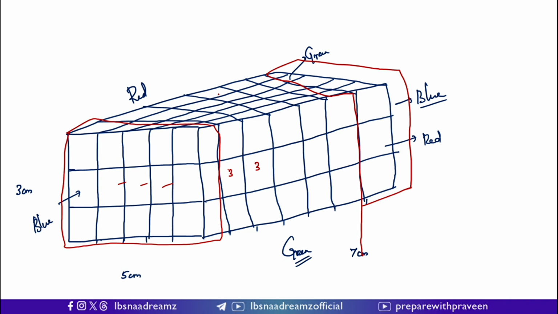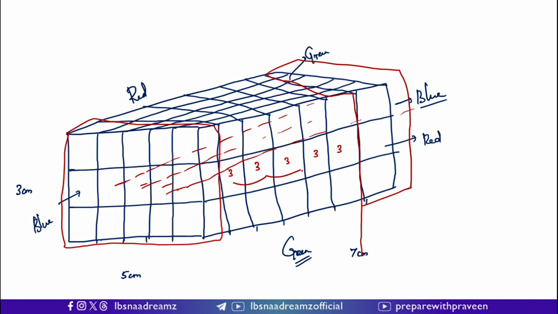In the third line we will have 3 cubes. In the fourth line we will have 3 cubes. In the fifth line we will have another 3 cubes, and in the sixth line we will have another 3 cubes. So only the cubes which run like this, only these cubes will have no face painted.